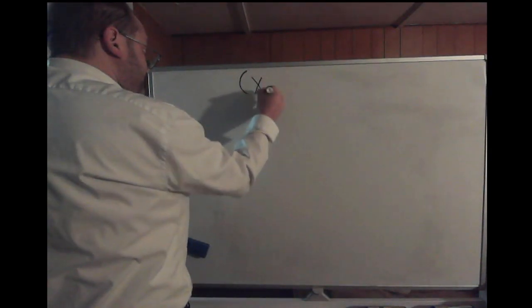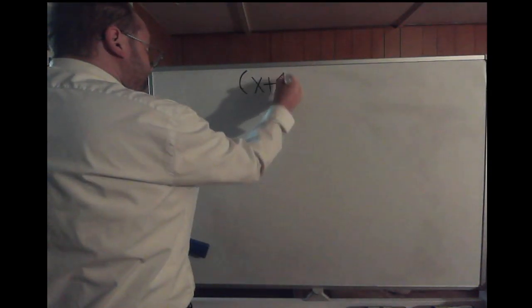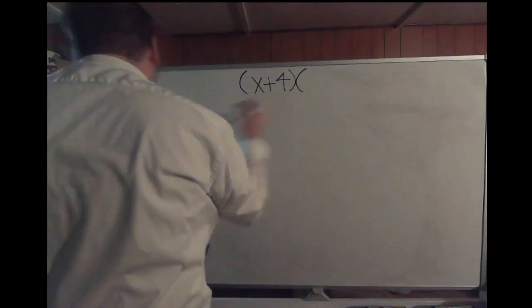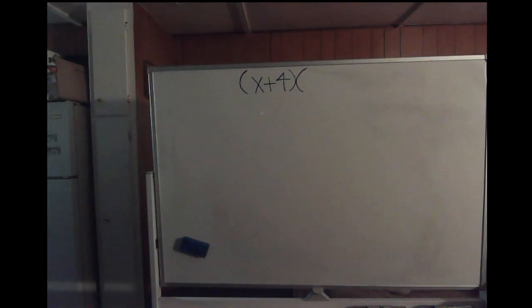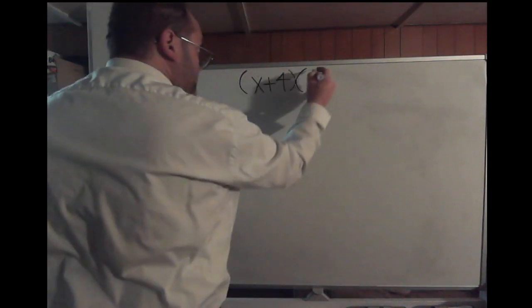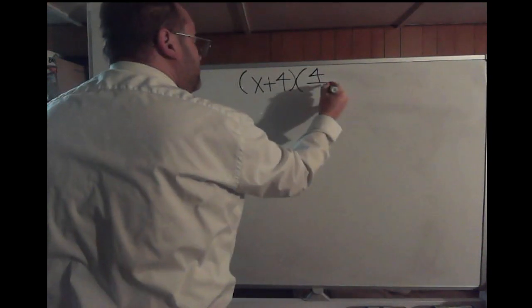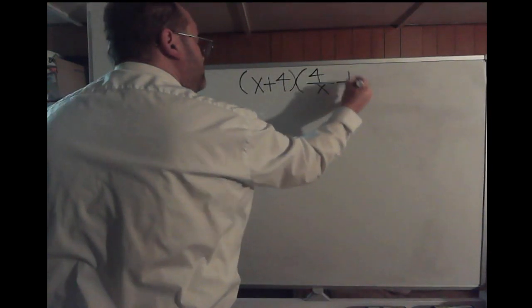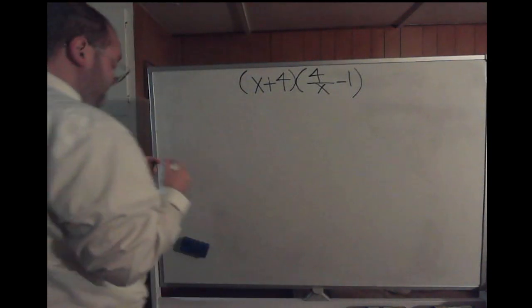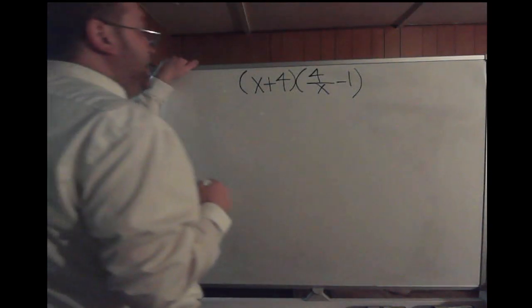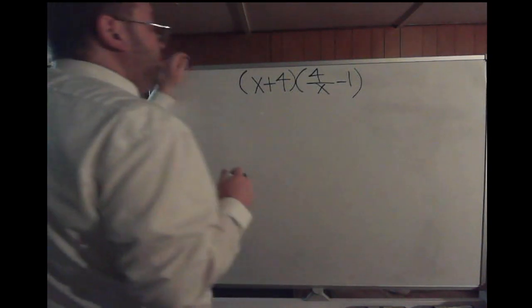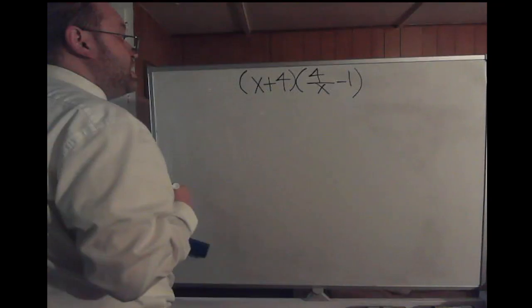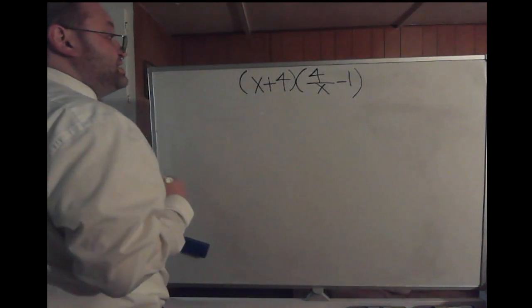Let's say we have x plus 4 times the quantity of 4 all over x minus 1. So how in the heck are we going to approach that? Well, we're going to use the classic FOIL method.